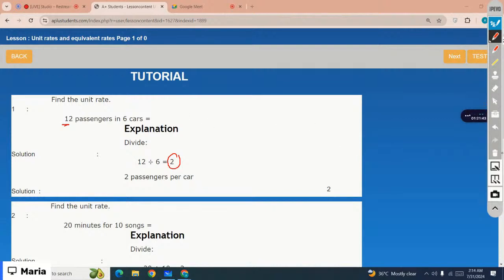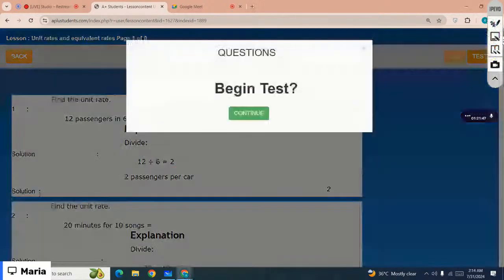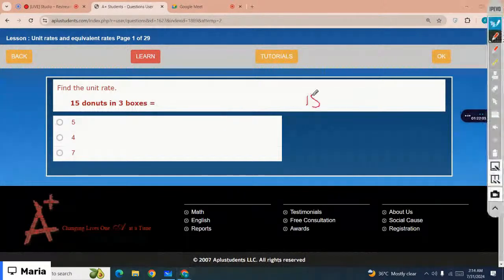Let's just start with the test questions. Find the unit rate: 15 donuts in 3 boxes. So you need to calculate how many donuts in one box, right? So you can divide 15 by 3. So 3 times what number is 15?